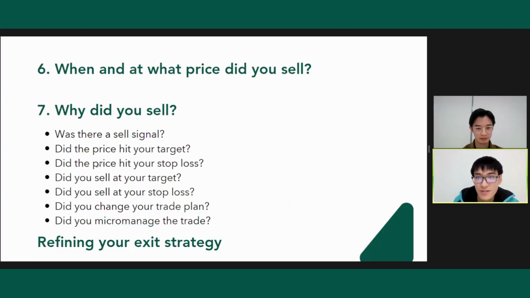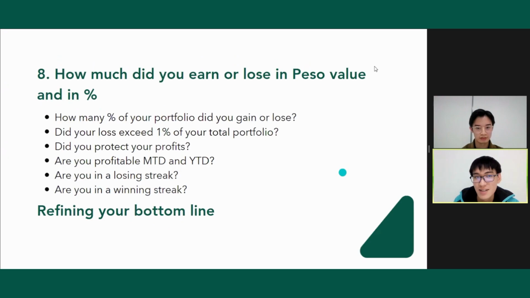Now we move on to the next part: how much did you earn or lose in peso value and in percentage? How many percent of your portfolio did you gain? So let's say you have a 100,000 peso portfolio. If you gain 2,000 pesos, that means you gained 2% of your portfolio, right?